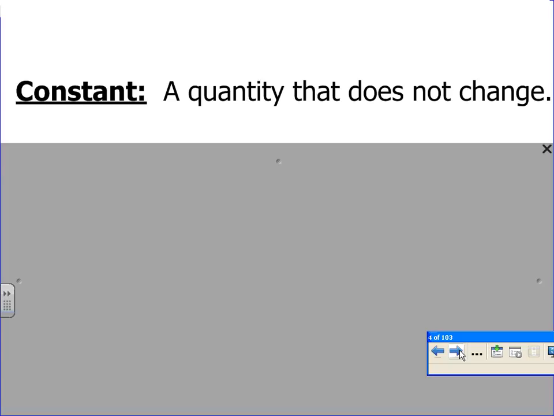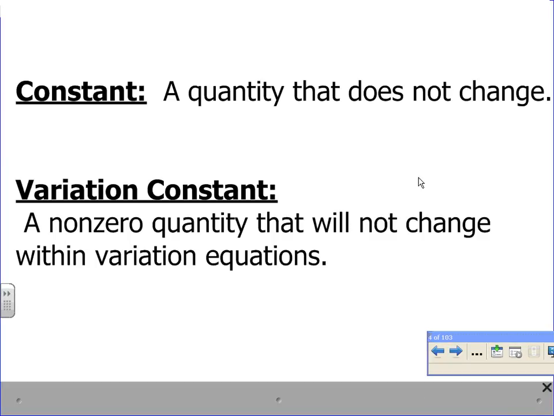So you guys know when you graph that, you would start at the origin, you go up 2 over 1, up 2 over 1. Your variation constant could also be called the slope with direct variation. And here we go. Variation constant, a non-zero quantity that will not change within variation equations.